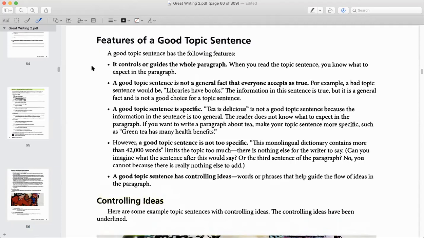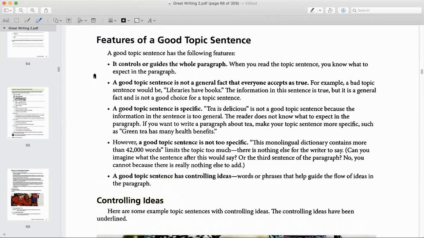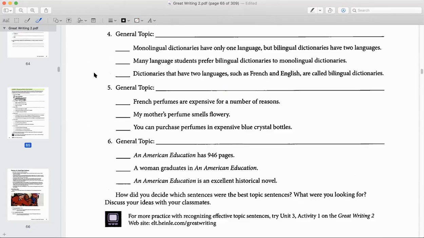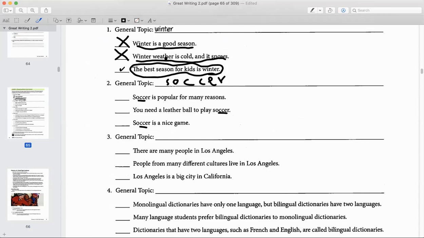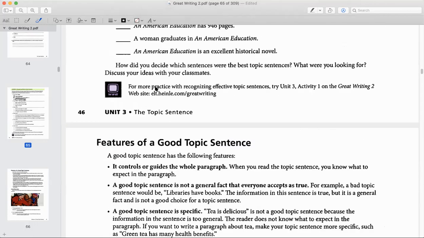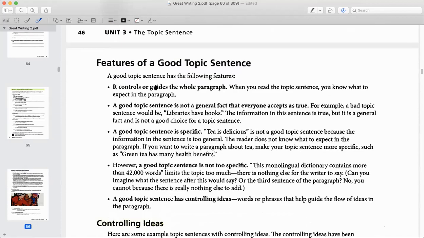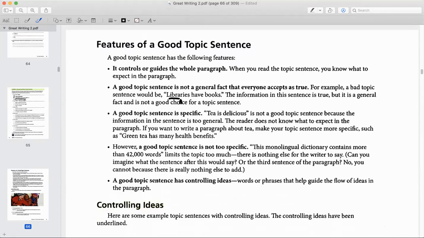It also should not be a general fact that everyone accepts as true. That was actually the problem. If we go back up to number 1 here, this is a general fact. Winter's cold and it snows. That's a general fact. People accept it as true. And similarly, libraries have books. It's true, but it's a general fact. It's not a good idea for a topic sentence.